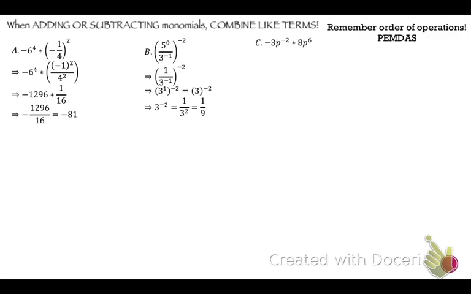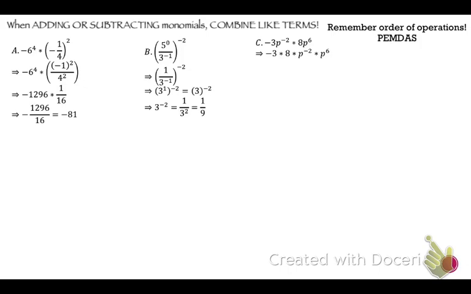Okay, let's do this one. So now we have some variables in here. So I have negative 3p to the negative second power times 8p to the 6th power. We don't have parentheses. Let's deal with our exponent. So I'm going to rearrange this. With multiplication, you can always rearrange your terms. So I have a negative 3 times p to the negative second times 8 times p to the 6th.